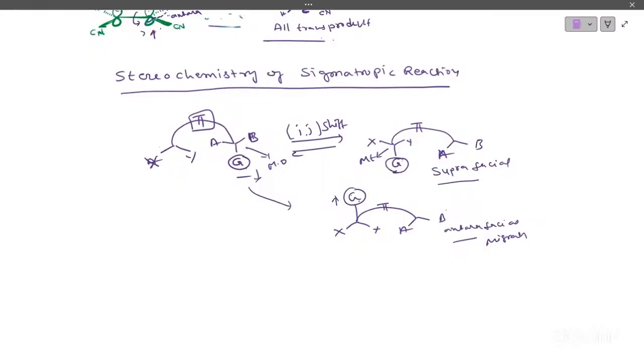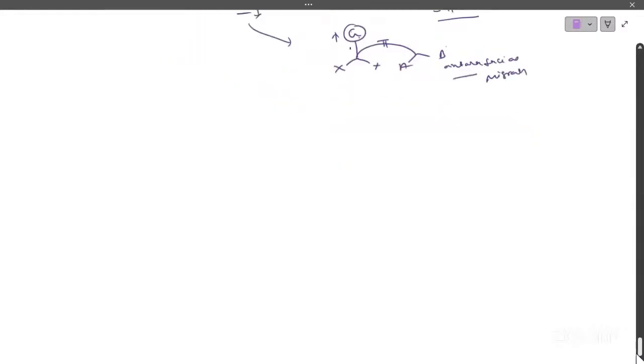Suppose the group is attached at the migration origin's bottom. After migration also, it is attached at the migration terminus bottom. Therefore, that kind of migration is known as suprafacial migration. For example, here I am taking an orbital structure for your understanding. This is the generalized pi system.